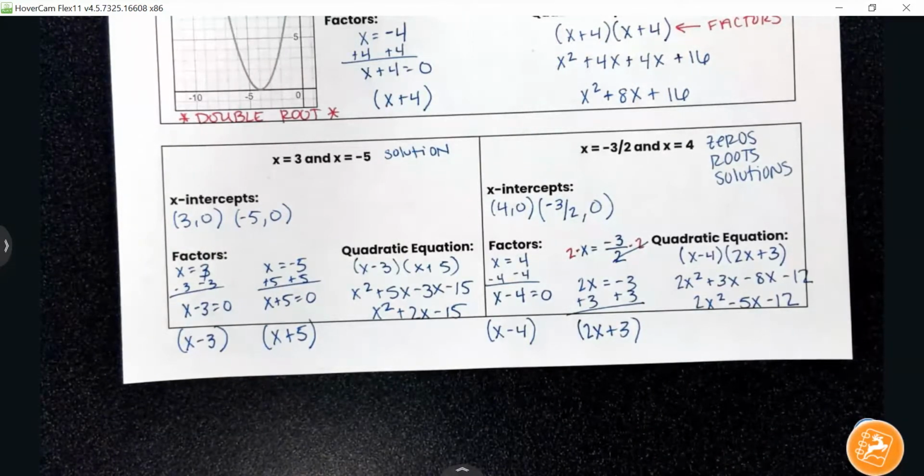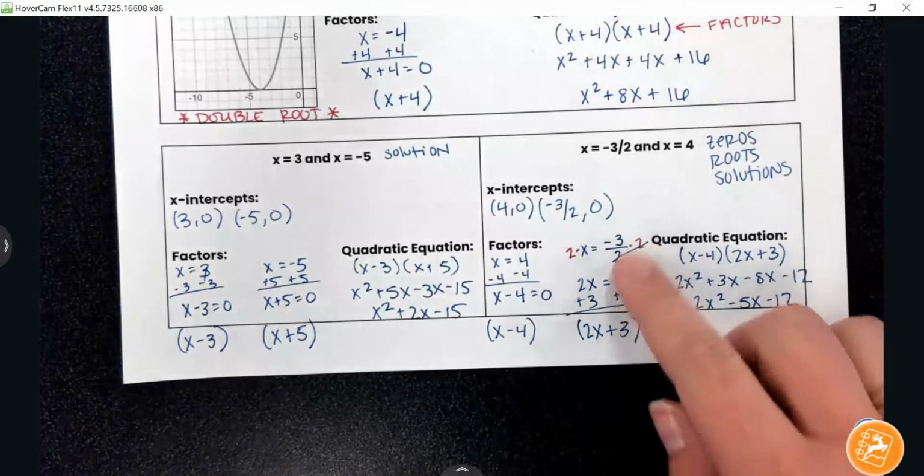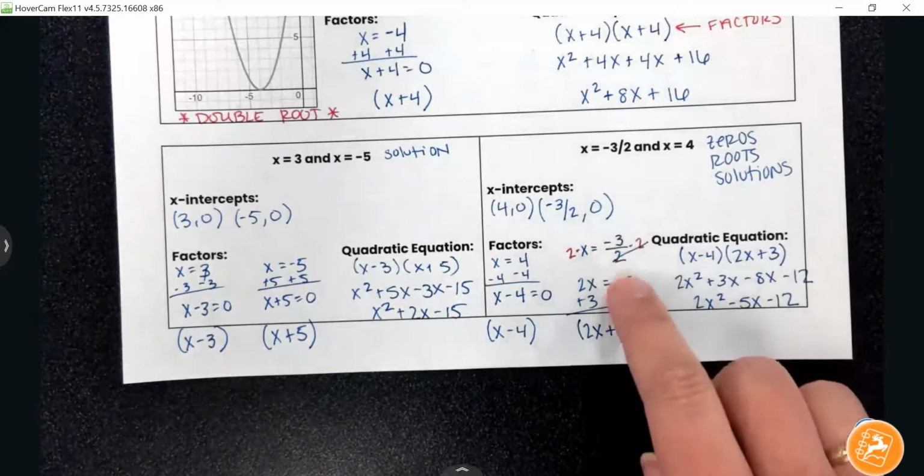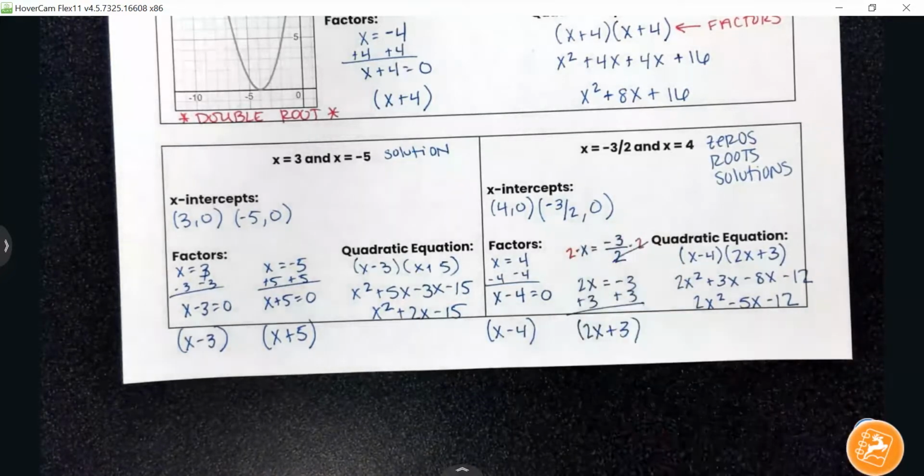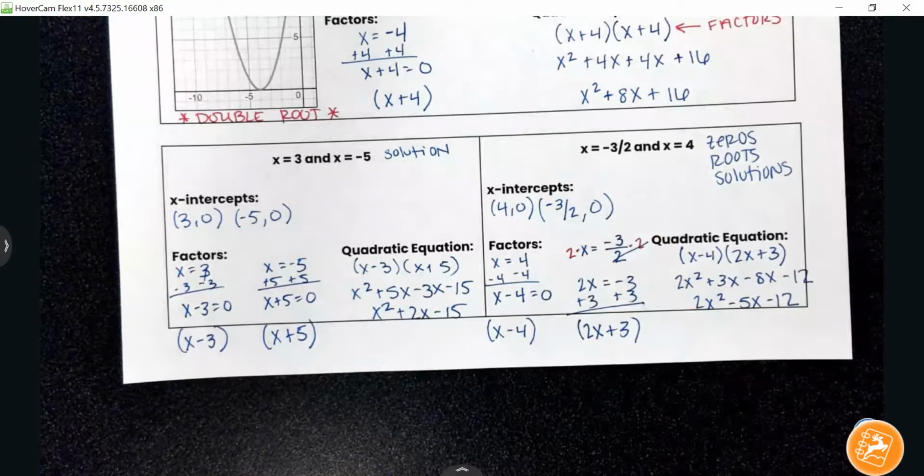What's the trickiest part to you? Anybody? A fraction? Is that tricky? Oh, there's no tricky part, Jerry. I like it. But none of it should be tricky as it all is the same steps. When you get a fraction, just remember, don't say -3/2. Say -3 divided by 2, because then right away it tells you how to undo it.